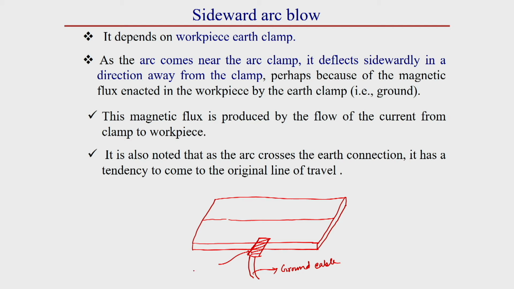This is called the earth clamp. Due to the flow of current from the earth clamp to the workpiece, some magnetic field develops here, because there is a continuous flow of current from the earth clamp to the workpiece. So, once the welding comes near this region, it deflects like this.